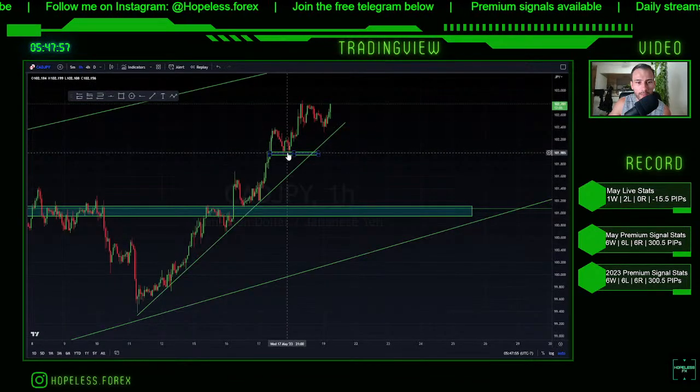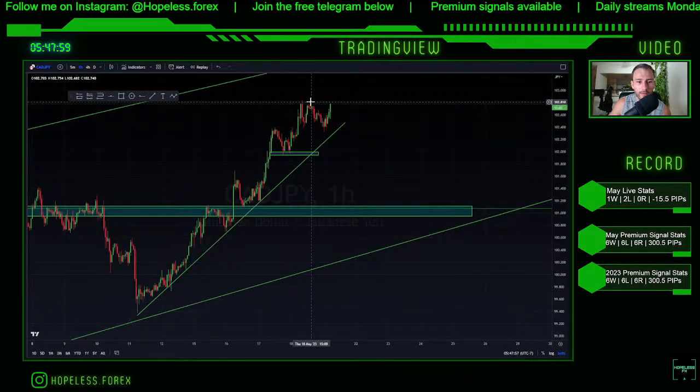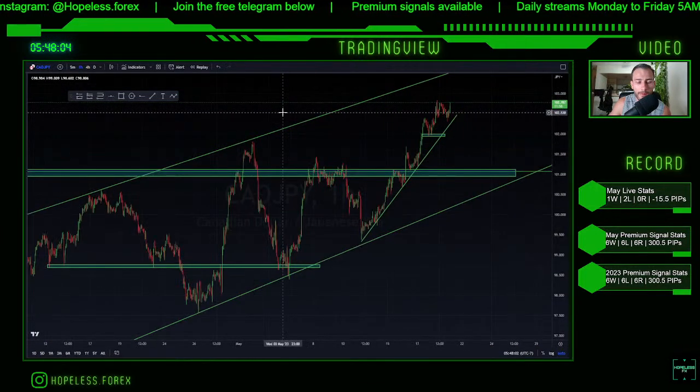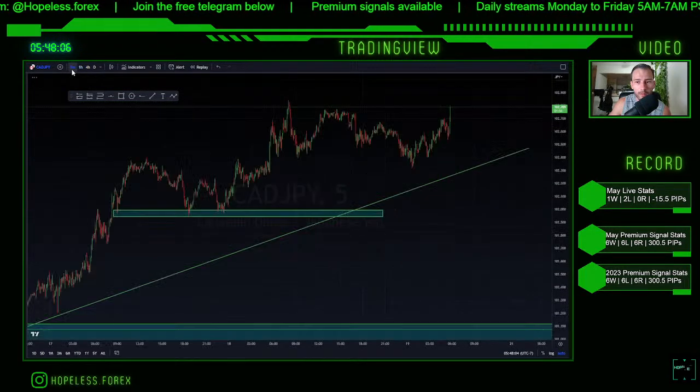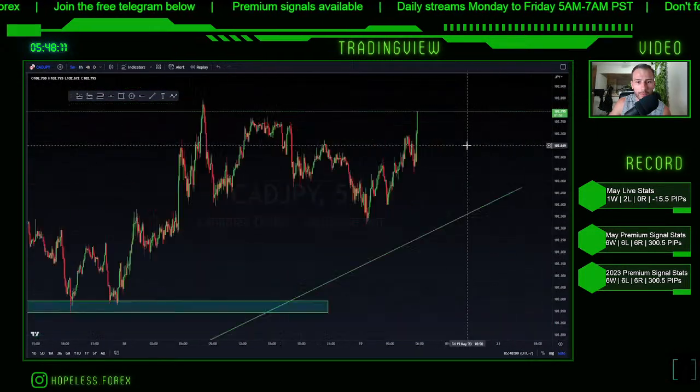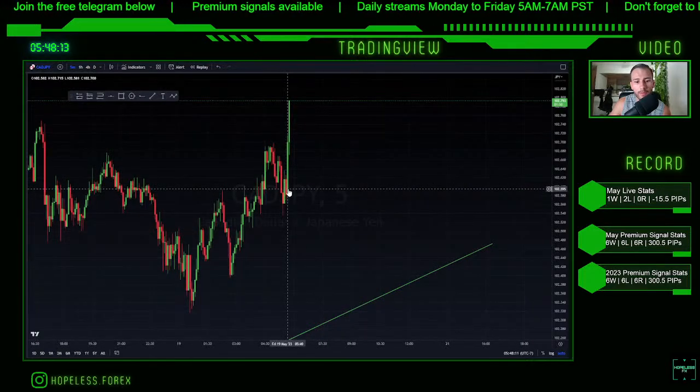Had this nice double bottom bounce with continued upwards price action. I think right now he's doing well off of the news that just came out.